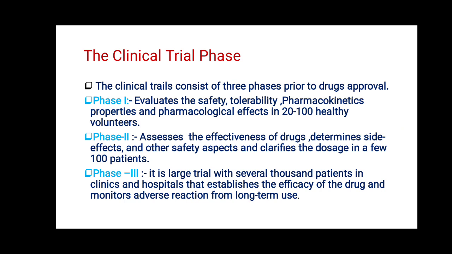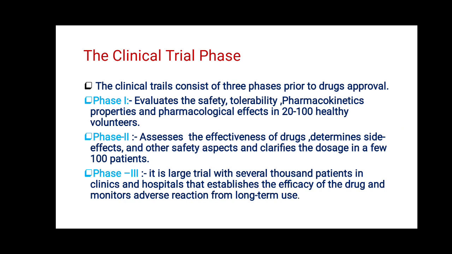Then pharmacokinetic properties like absorption, bioavailability, distribution, metabolism, excretion, those are pharmacokinetic properties, and pharmacological effect in 20 to 100 healthy volunteers. That is phase 1.